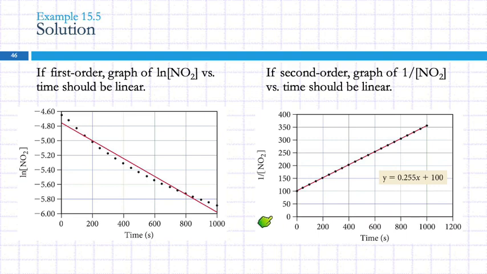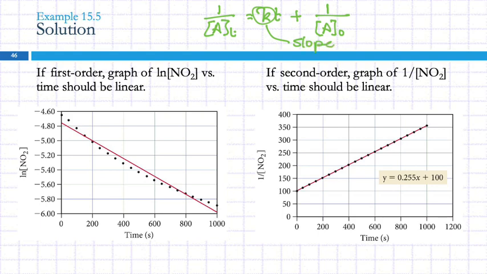So here's our second order plot, 1 over the concentration versus time. The computer gives us the equation for the line: y equals 0.255x plus 100. So what's the rate constant? 0.255. So this is our slope.